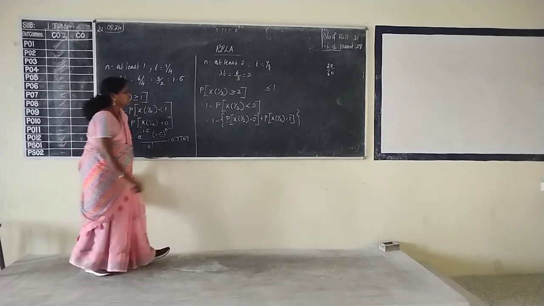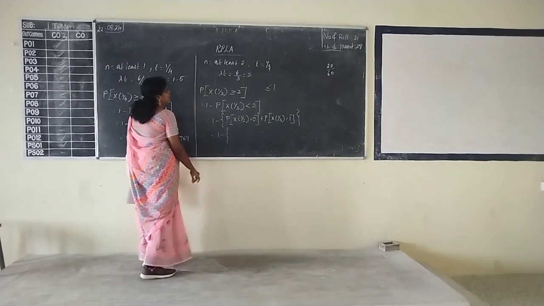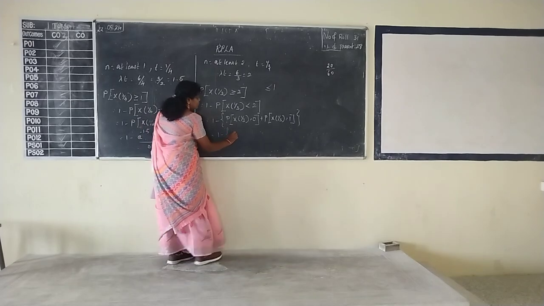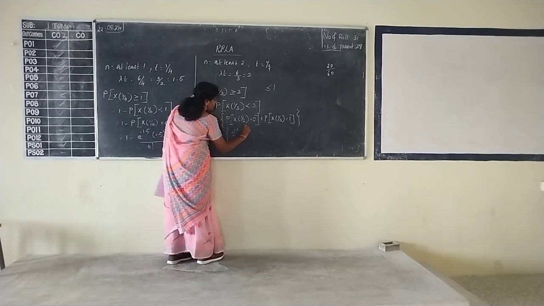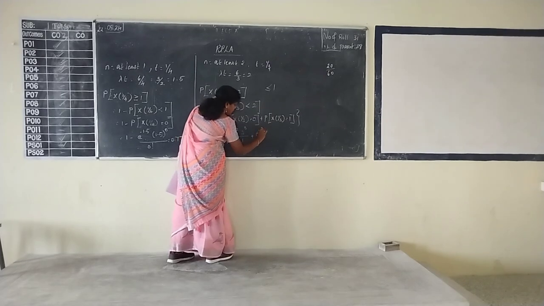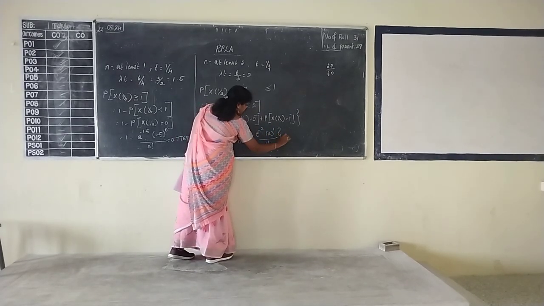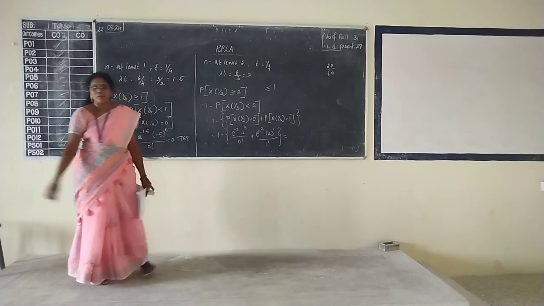Substitute the formula. Lambda t value is 2. So 1 minus [e power minus 2 times 2 power 0 by 0 factorial plus e power minus 2 times 2 power 1 by 1 factorial]. Find the answer.